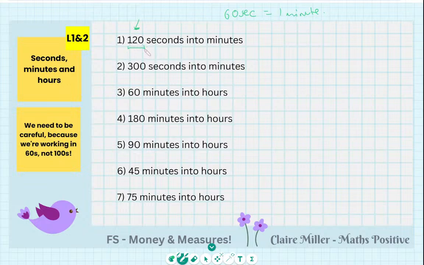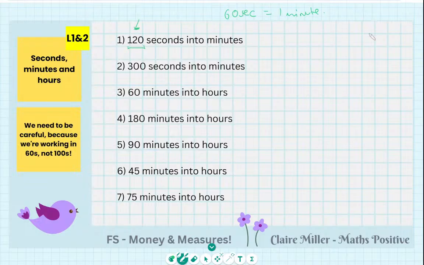And then there's another 60 because 2 lots of 60 are 120. So it's like a division kind of question. But it's perhaps easier if you don't have a calculator for a question, if it's a non-calculator question, to think of it as groups of 60.